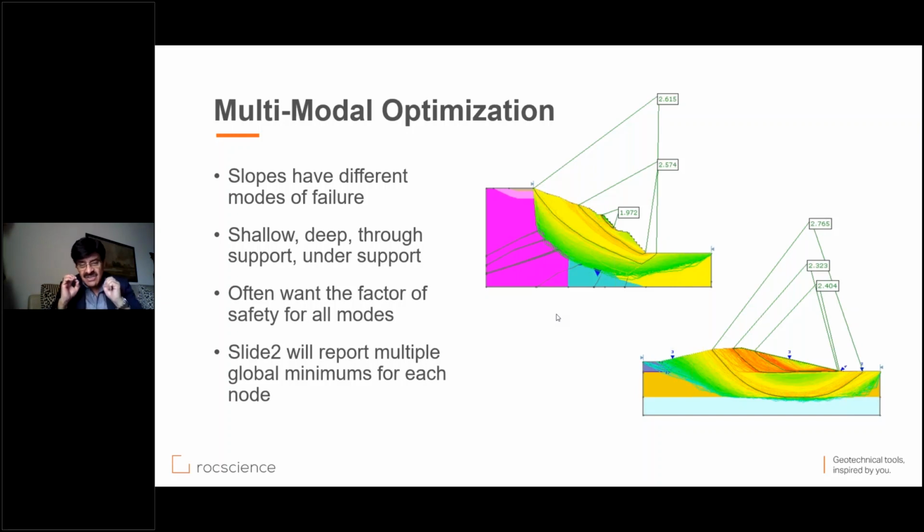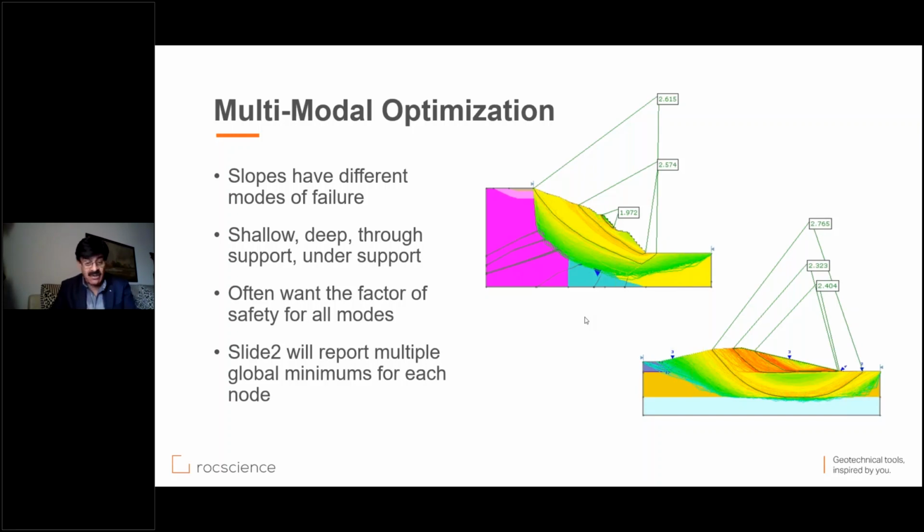Often as engineers, you do not only want the minimum factor of safety, but you want to know the factor of safety for these different possible failure modes, such as in these two graphics on the screen. Each has 3 modes of failure shown here: shallow, intermediate, and deep.